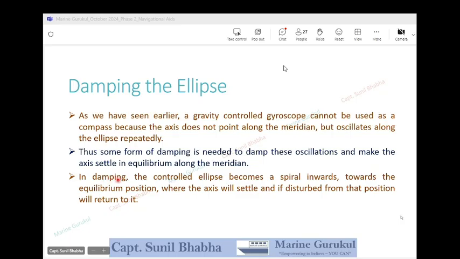Now in damping, the controlled ellipse becomes a spiral inwards towards the equilibrium position where the axis is going to settle down. What is also important to note is that if the axis is disturbed from this settling position, it has the capability to return back to the equilibrium position.